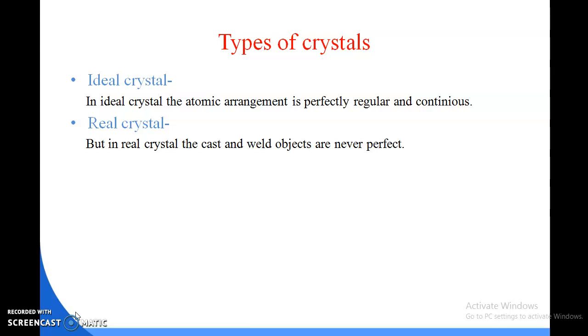Crystals close to the ideal are grown in suspension in a well-mixed supercooled solution. So, in simple words, in ideal crystals the atomic arrangement is perfectly regular and continuous, whereas in real crystals, the cast and weld objects are never perfect.